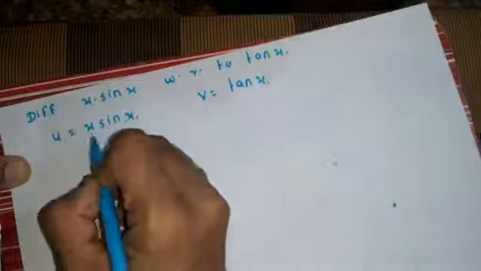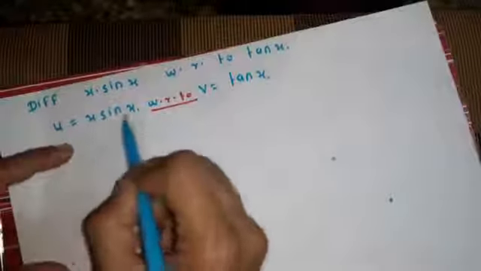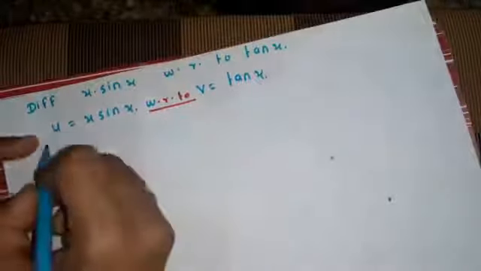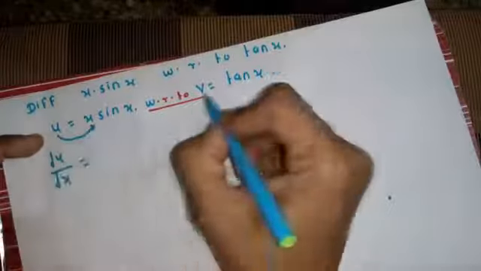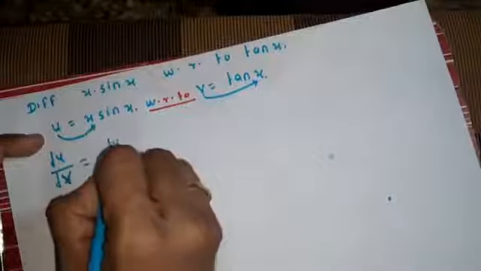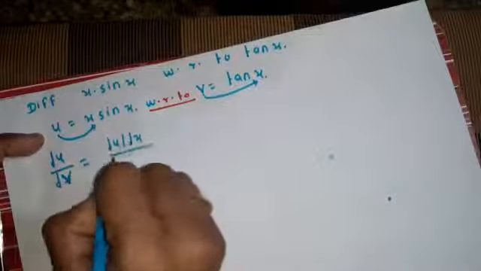We have to differentiate x sin x with respect to v, that is u is x sin x and v equal to tan x, and therefore u with respect to v means du by dv. And here u is function of x and v is function of x, therefore du by dv equal to du by dx upon dv by dx. Okay, and this is 1.